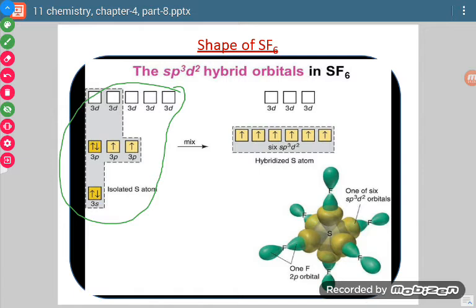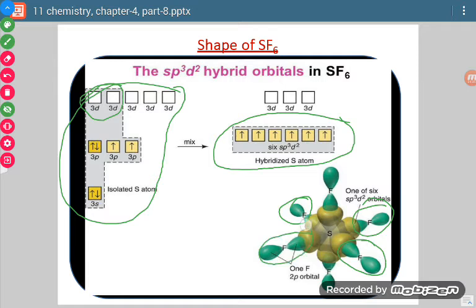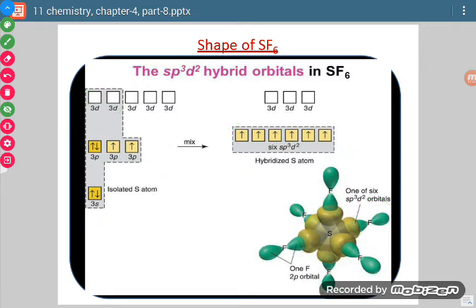These two orbitals also occupied one electron, and there was sp3d2 hybridization, and those 6 atoms were arranged such that 4 were arranged, 1 2 3 4, at the corners of the square, and one was above the square and one was below the square. In this manner the geometry was octahedral geometry.